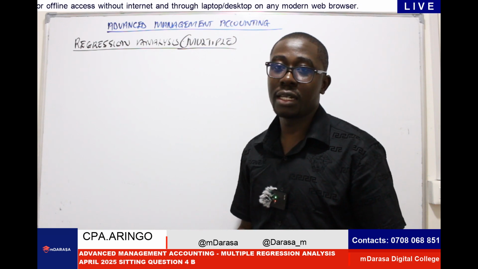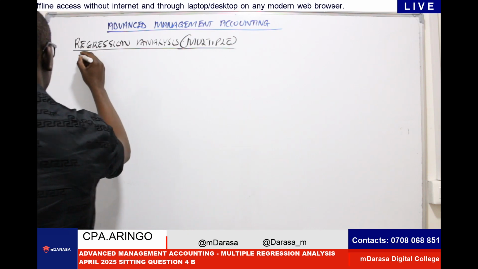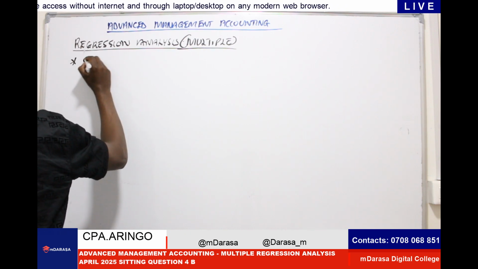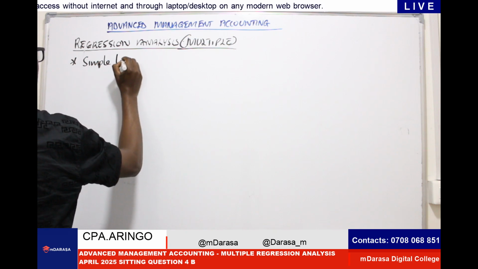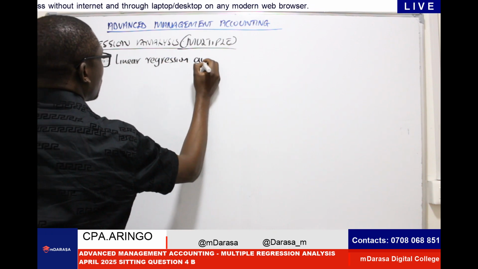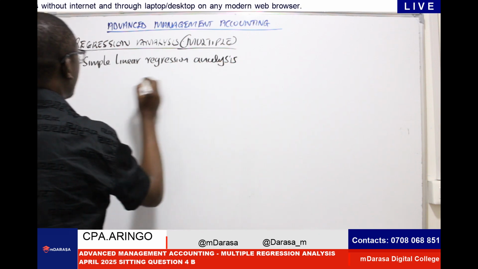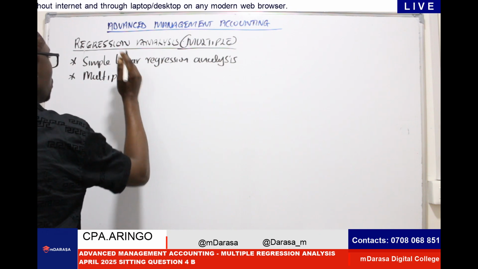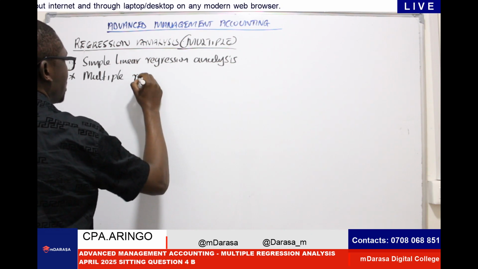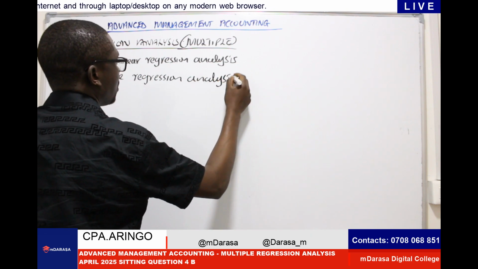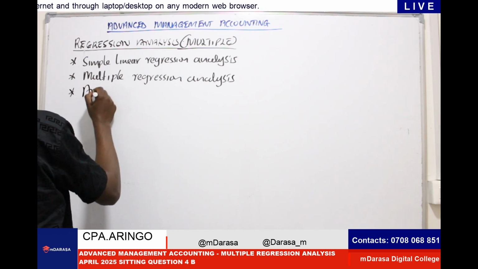So what you need to understand every time we are talking about regression is that we normally consider the following: simple linear regression analysis, multiple regression analysis, and we also talk about the appraisal of regression.